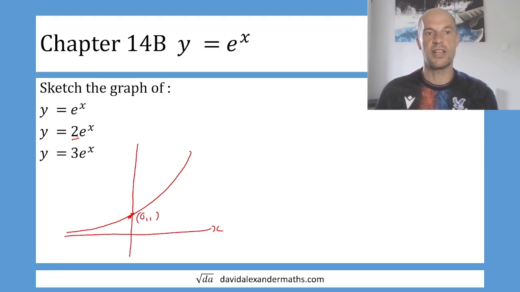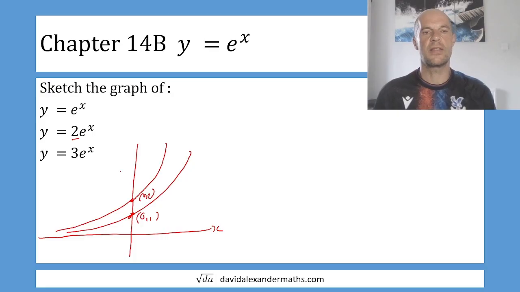All the y values, in other words, are being doubled. So instead of getting 0, 1, we're going to get 0, 2. So y equals 2e to the x will look like this. Again, the x-axis remains the asymptote. So this will be the point 0, 2. And y equals 3e to the x, that'll be y equals e to the x, but with a stretch with scale factor 3 parallel to the y-axis.